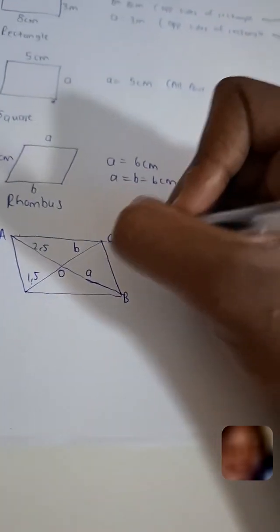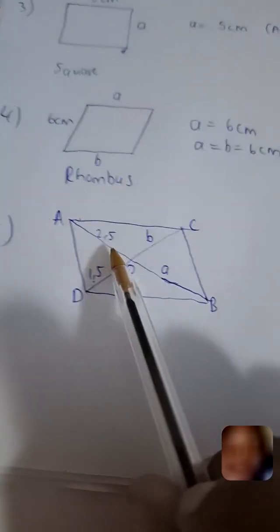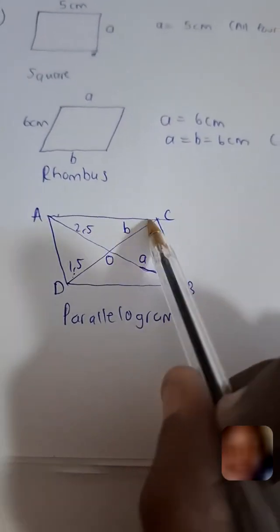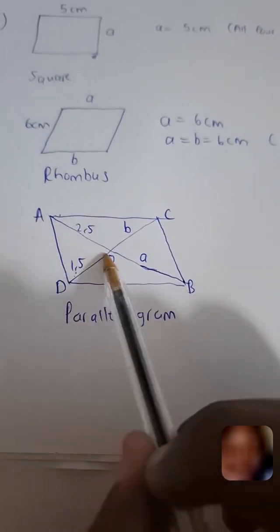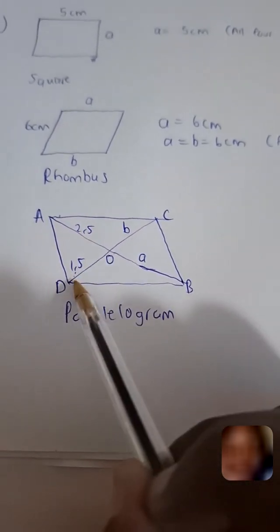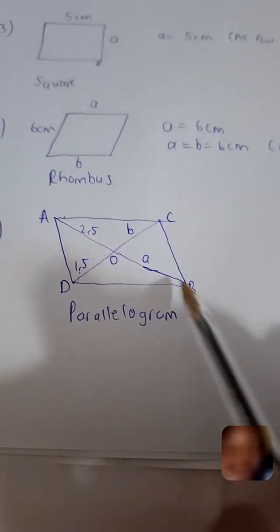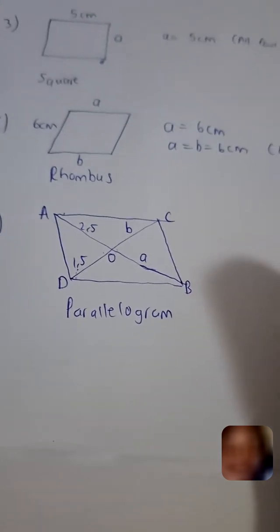We've got A there, and this here is a parallelogram, and we are required to find the length of A and B. Okay, AO is 2,5, DO is 1,5, and we're required to find the length of B and the length of A. Our dimensions are in centimeters.